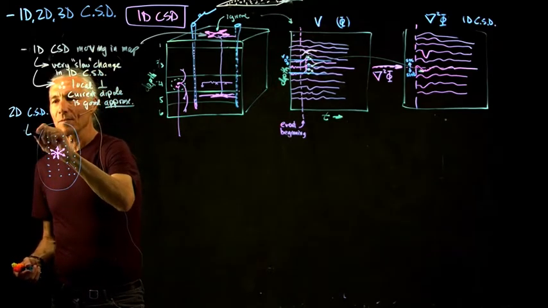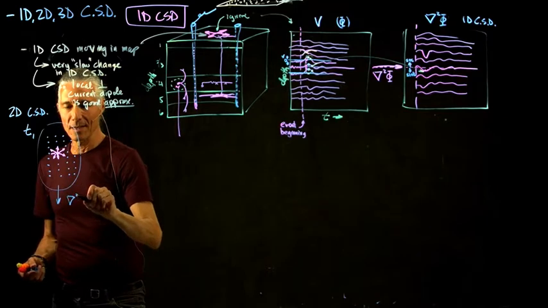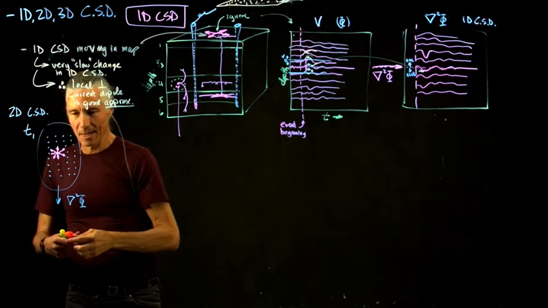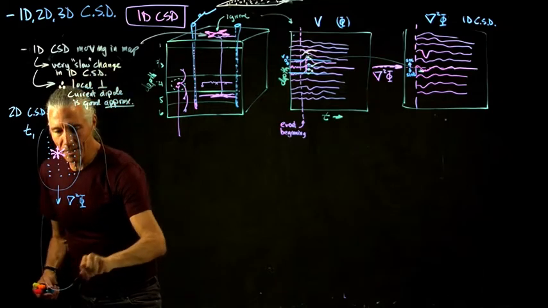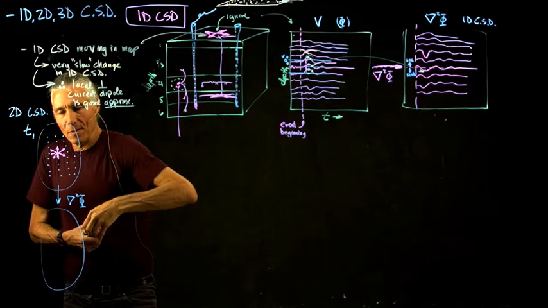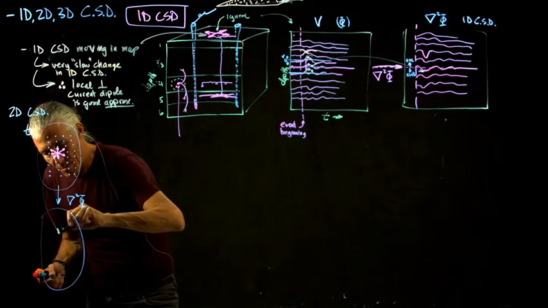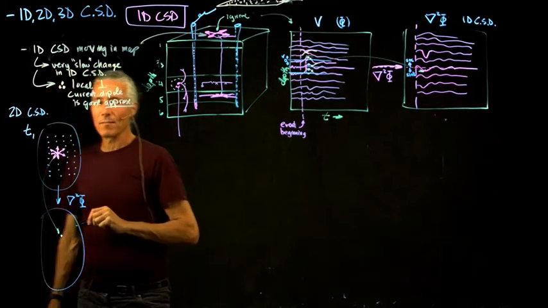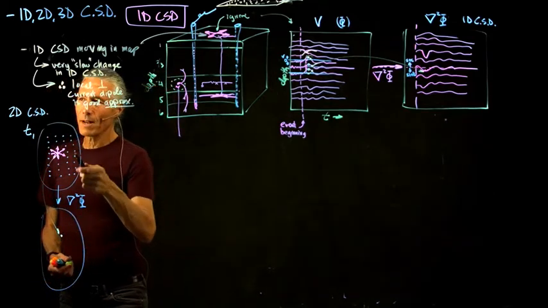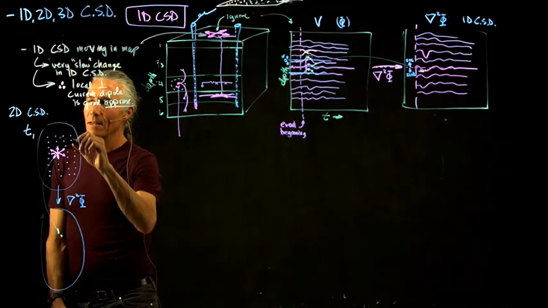This would be for time t1, and then we would do our Laplacian calculation, which is to take the second derivative of that. And what does that give us? That gives us the current source density. So after we figure out what this guy is relative to its neighbors, we'll get a number down there.